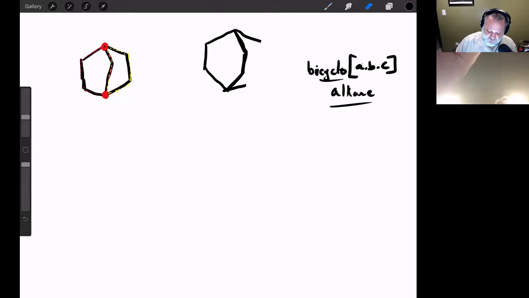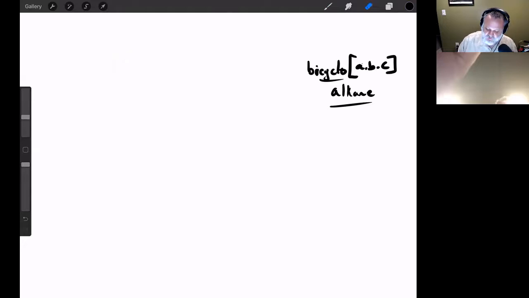Let's take a look at some examples. We'll redraw the ones that I already have, and we'll come up with another example that's a little bit more of a challenge. If I start off with this first one, I had hexane, and I fused it together with one carbon.